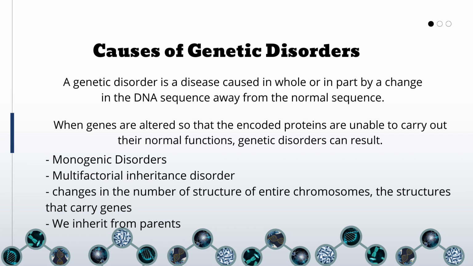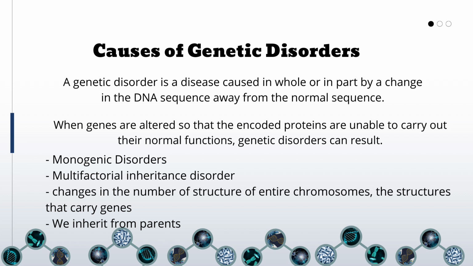There are some reasons why genetic disorders happen. A genetic disorder can be caused by a mutation in one gene, called a monogenic disorder; by mutations in multiple genes, called a multifactorial inheritance disorder; by a combination of gene mutations and environmental factors; or by damage to chromosomes, which is a change in the number or structure of entire chromosomes, the structures that carry genes.